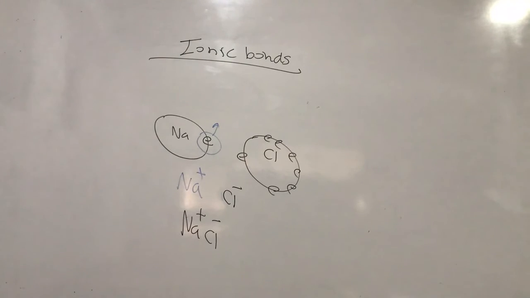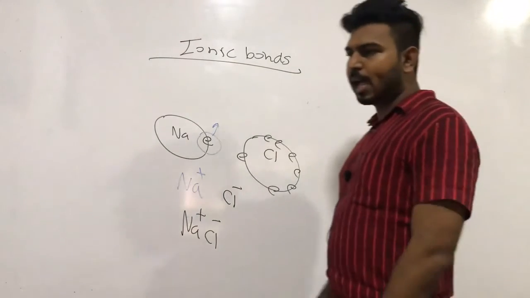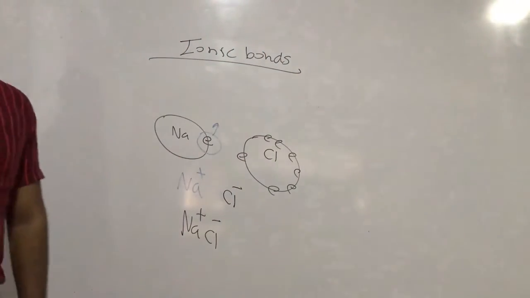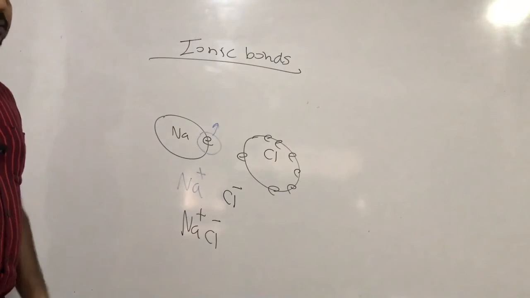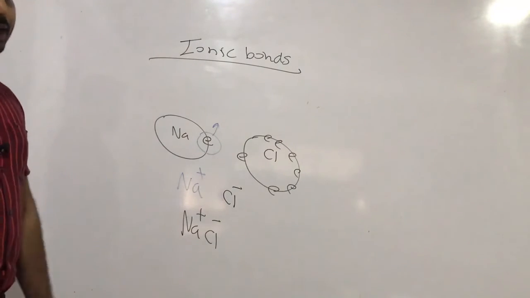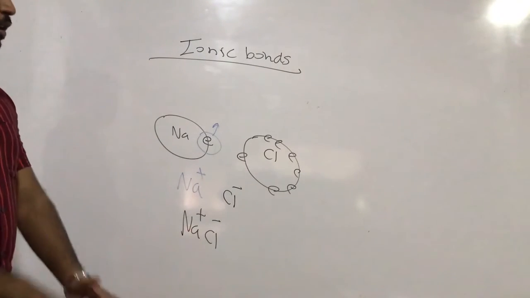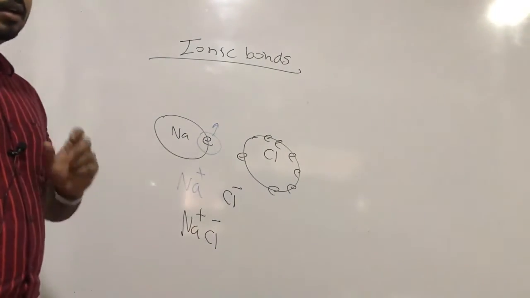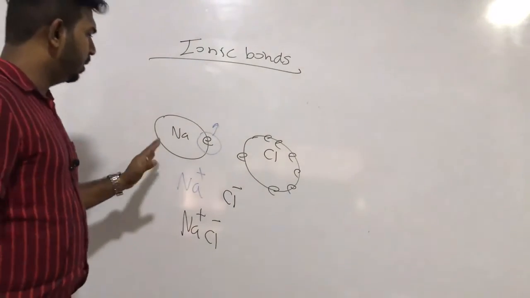Ionic bonds are normally very strong compared to covalent bonds. How do ionic bonds get formed?